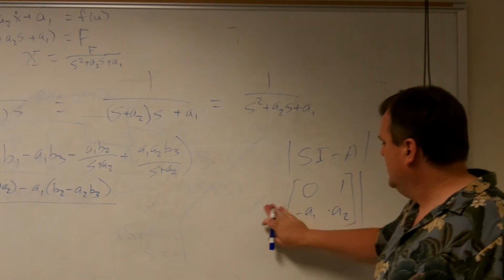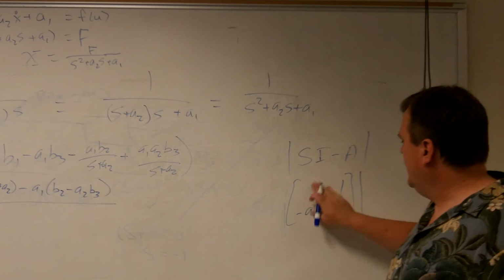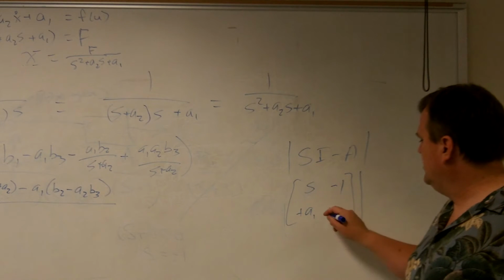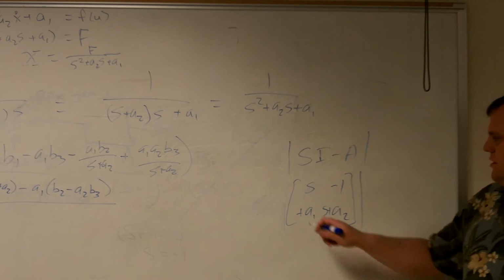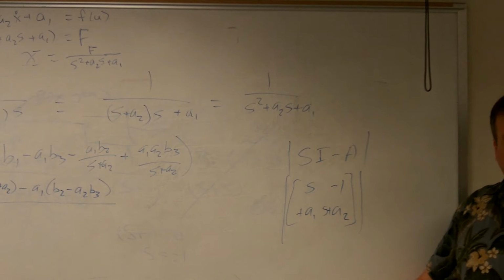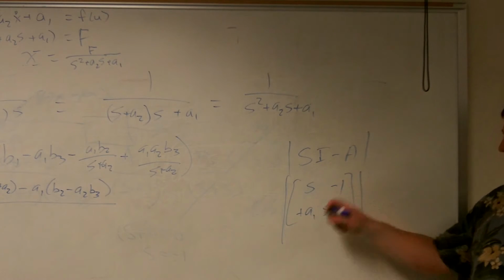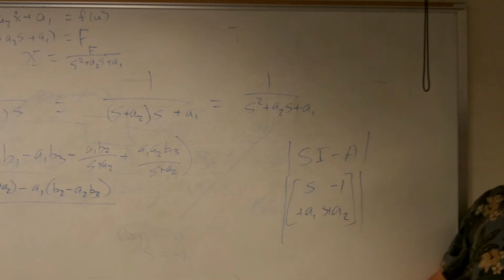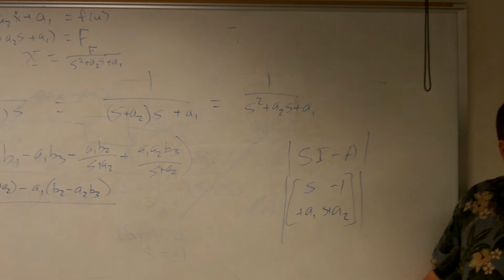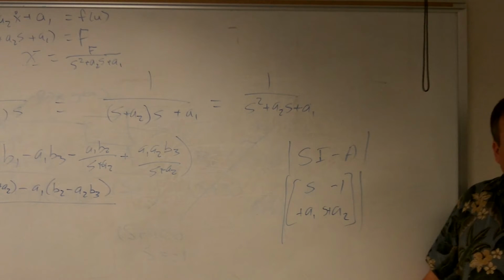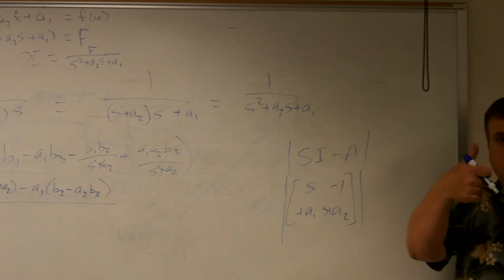I negate the A's and I get that. That's sI minus A. I negated all the terms of A and put s on the main diagonal, because s times I is just s's on the main diagonal. We agree.